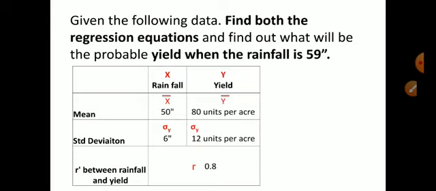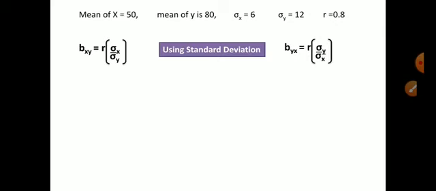Okay, that is x, y, x bar, y bar, sigma x, sigma y, and r value they have given. See here, the two formulas are bxy is equal to r into sigma x by sigma y, and byx is r into sigma y by sigma x. We are going to substitute using standard deviation. These are the formulas, and we are going to substitute the sigma x, sigma y, and r value in order to find the bxy and byx values.